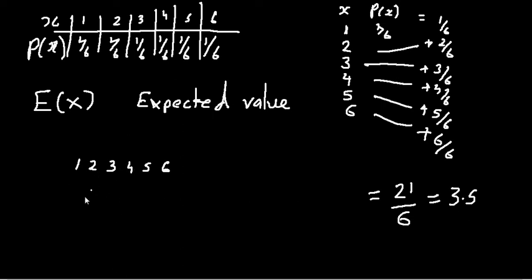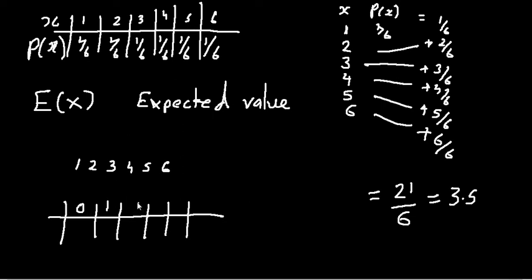So to work out the expected value, for any probability distribution, you look at all the outcomes for that distribution and you multiply each outcome by its probability. Now this time it's not uniform, meaning each outcome has a different probability, whereas before every outcome had the same probability.